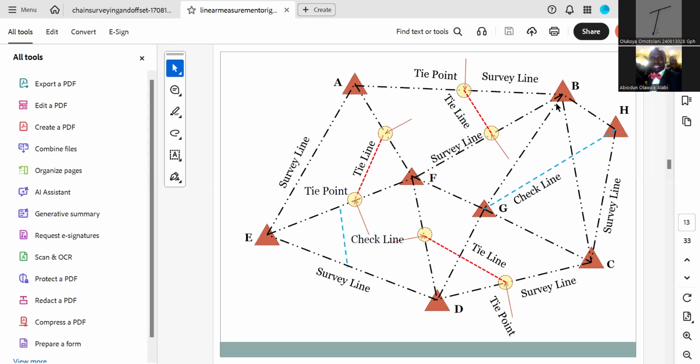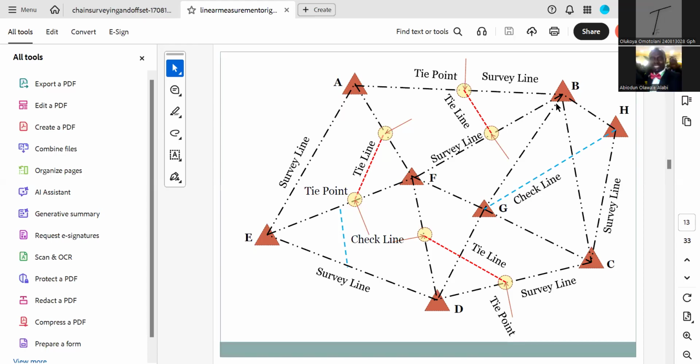Let's respond now. Is it a check line? No, sir. Why is it not a check line? Because it's not joining the apex two sides, sir. Yes.